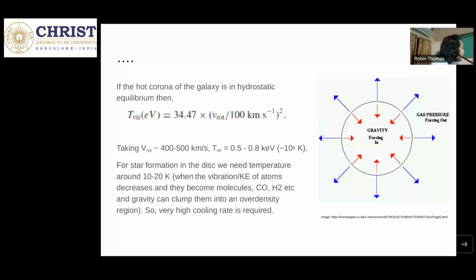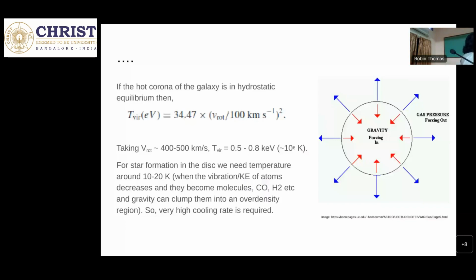Now, it is calculated that the cooling time in the X-ray halo gas is estimated as 2.8 to 6.3 gigayears, with a cooling rate of 0.15 to 0.21 solar mass per year. If you take some mass, it will probably take 6.3 gigayears to cool it down.